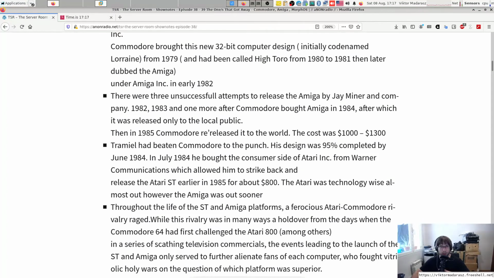There were 3 unsuccessful attempts to release the Amiga by J. Miner and Company in 1982, 1983, and one more after Commodore bought Amiga in 1984, after which it was released only to the local public.